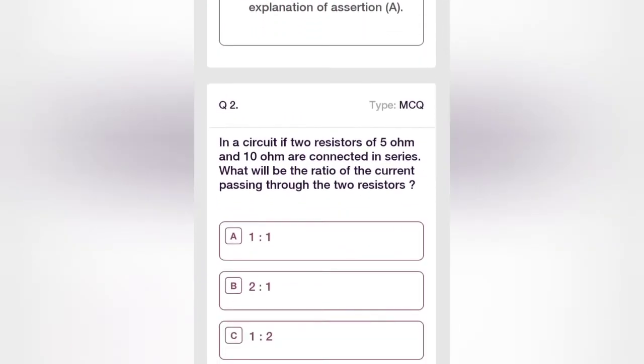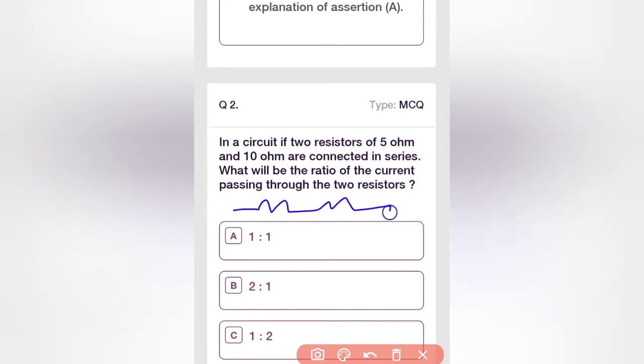In a circuit, if two resistors of 5 ohm and 10 ohm are connected in series, think that we have two resistances connected in series. This is R1 and this is R2. What will be the current?